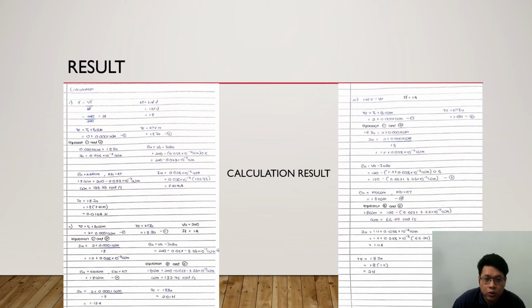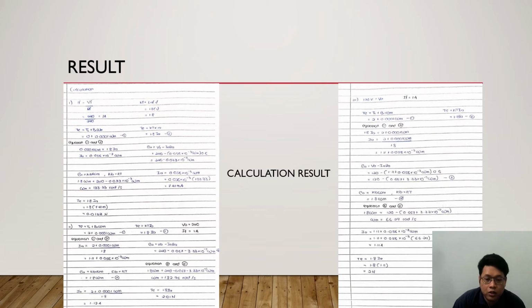So when we substitute all the parameters given, we have both equations, so we can solve for the IA and we can solve for the omega m.